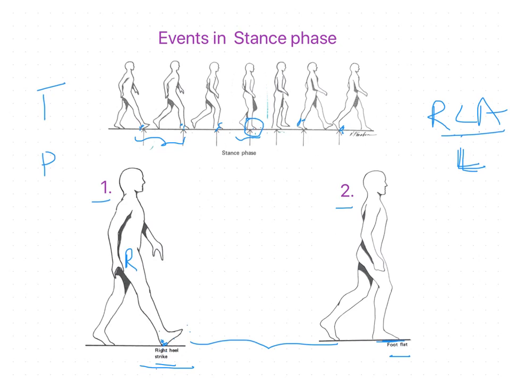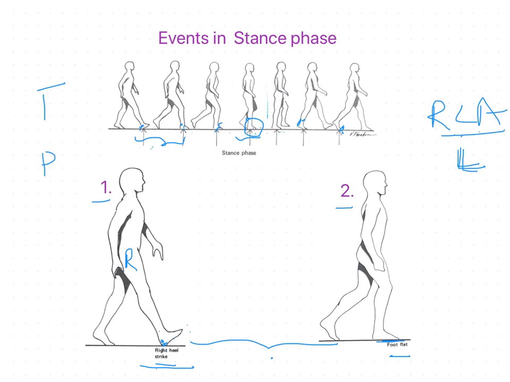What do you call the heel strike phase? It starts with the initial contact and ends with the flat foot. That length of the phase is called the heel strike phase, and it is also called weight acceptance or loading response.